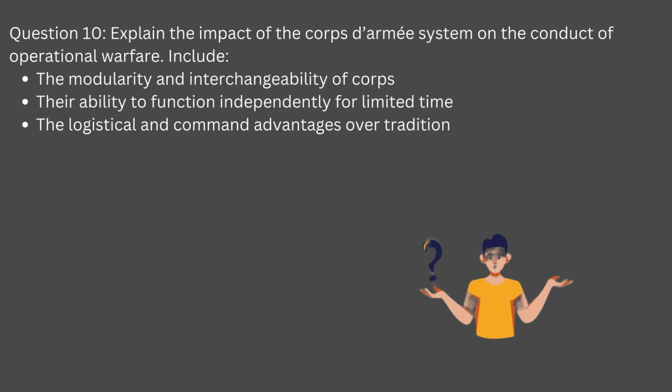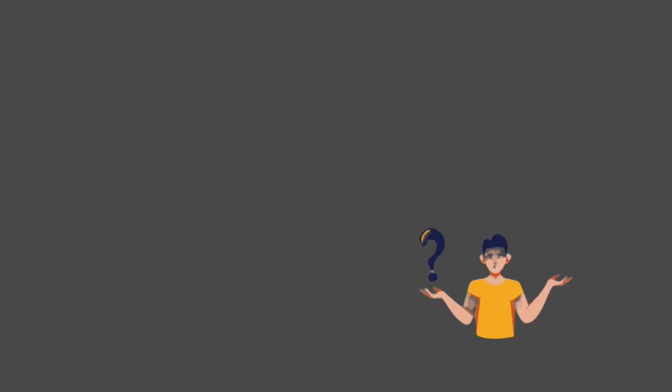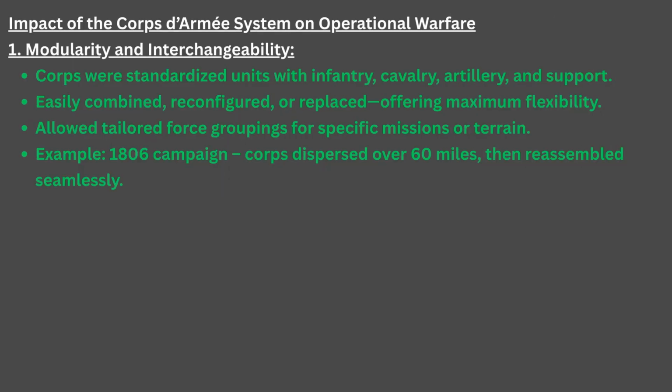1. Modularity and interchangeability. Napoleon's corps weren't random groupings. They were standardized mini-armies, each with infantry, cavalry, artillery, and support units like engineers and medics.